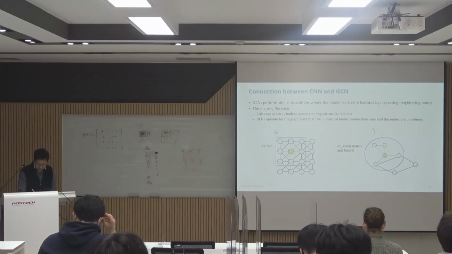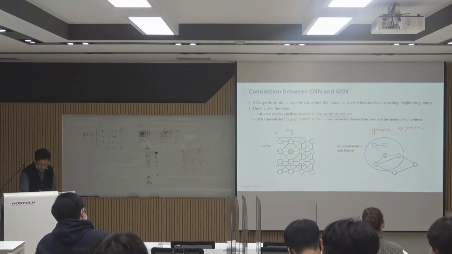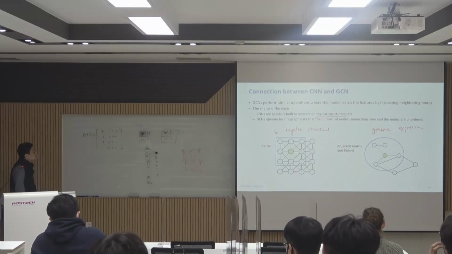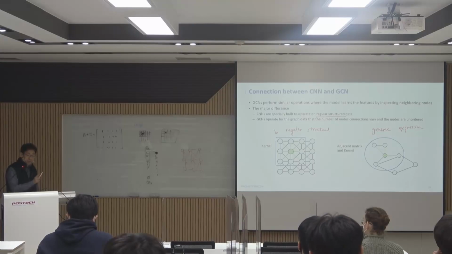This is a more generic representation, and this one is a regular structure. The major difference is that CNNs are specially built to operate on regular structures.